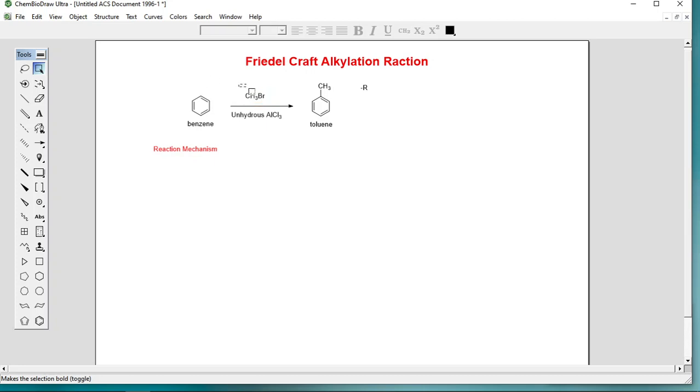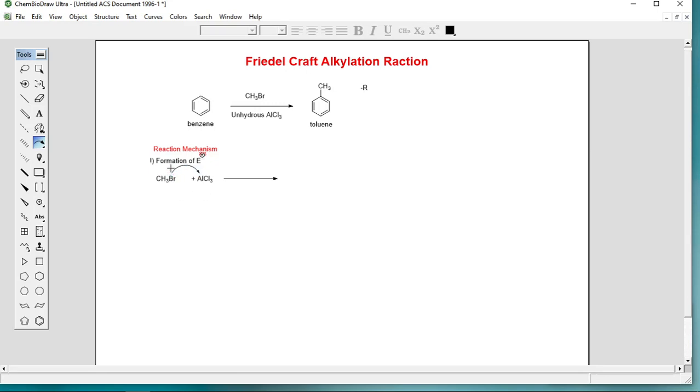Let me copy this. So the first step is right here, with a plus. AlCl3 is a Lewis acid, and this methyl bromide is a Lewis base. The bromine has a lone pair of electrons, so it acts as a Lewis base, and AlCl3 is the Lewis acid.